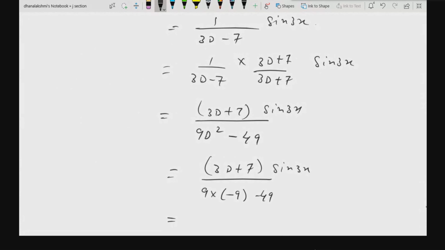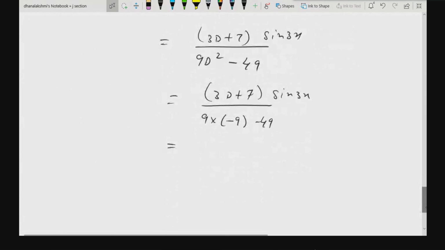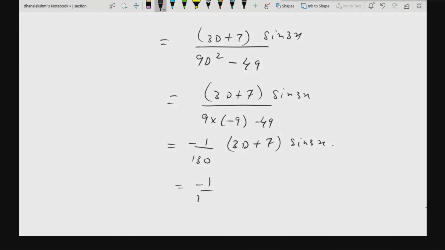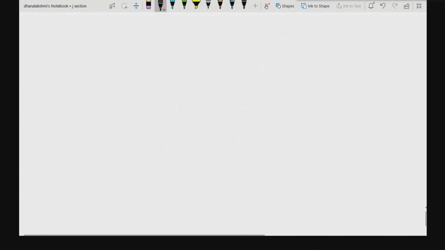On solving it, how much will you get? Minus 130. It's a constant, so you can write it outside. Now you have minus 1 by 130 times (3D + 7) sin 3x. D on sin 3x means what?